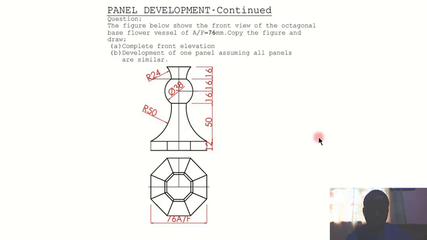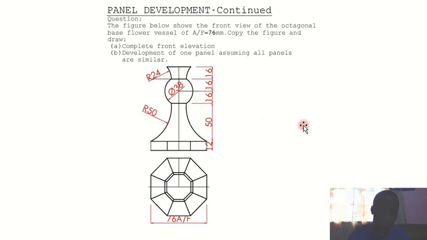And you can see we have the drawing here, the 76 across flats. We have 12, 50, 16, 60, 16, the diameter 38. We have the radius of that curve 24, and we have the radius of that other curve 50.